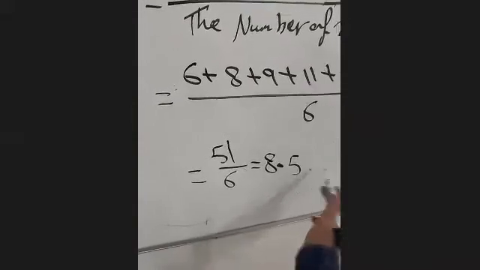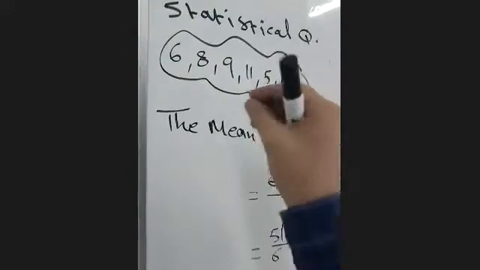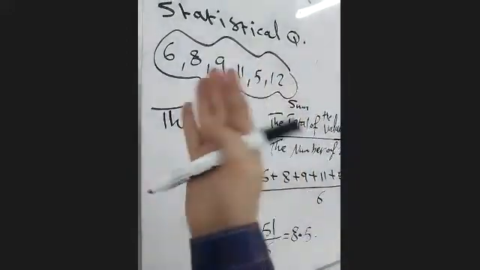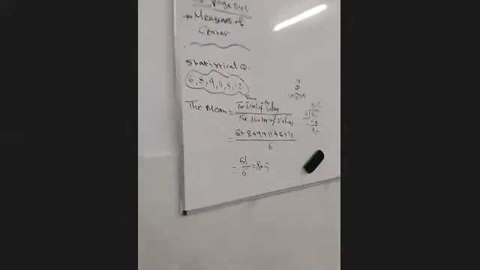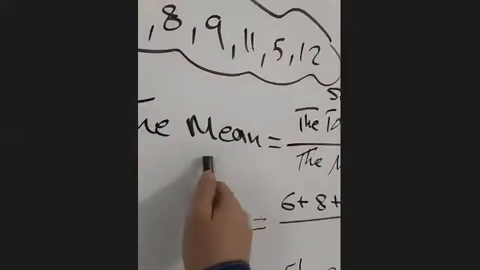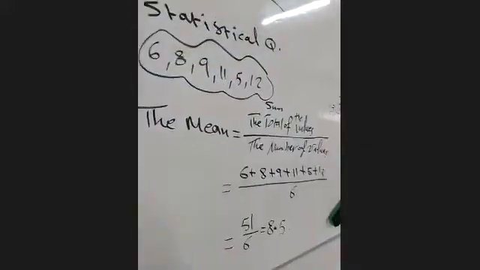So what is the 8.5 here? The 8.5 is the middle number, the number which is in the middle between all of these numbers. This is what we call the mean. The mean is the average of these numbers.